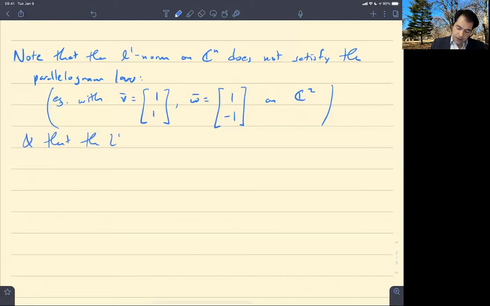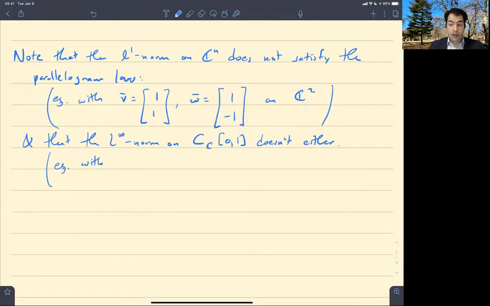And the L infinity norm on the continuous functions on 0, 1 with complex values doesn't either. So here, I'll also let you work out the details, but here are functions you could try. So consider an f that does something like this. So let's say its maximum is 1, and it's achieved over here on the left side of the 0, 1 interval.